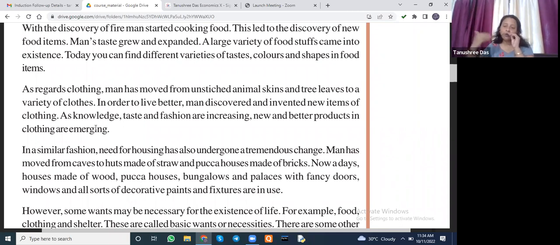Later on, now we are having branded products. This is all because of the development of the civilization. As people came to know about new things, they are demanding such things. So fashion is changing and the whole thing is changing.